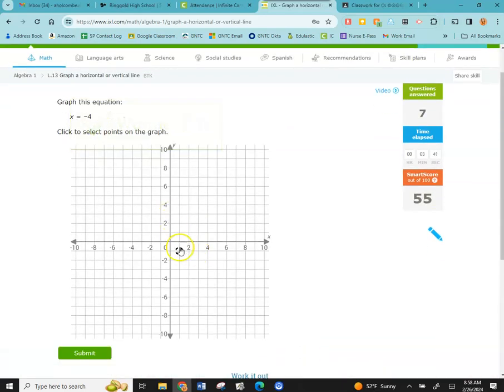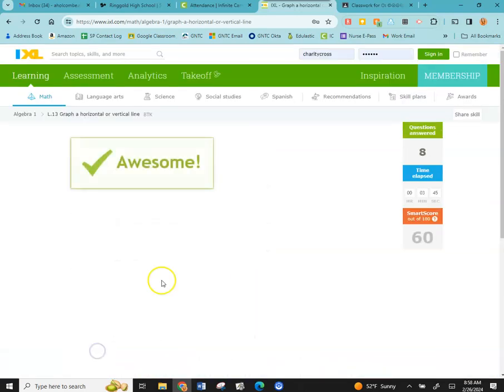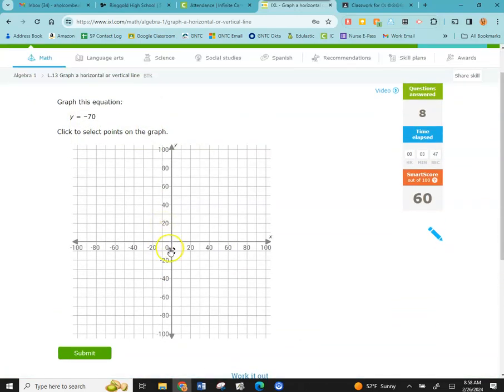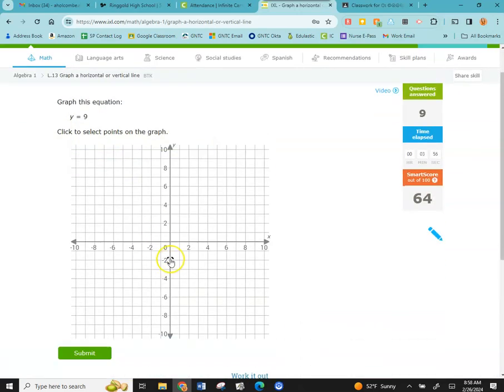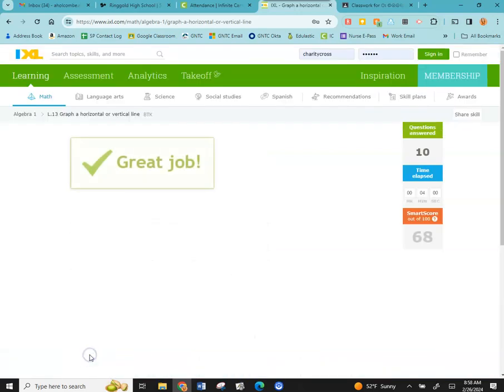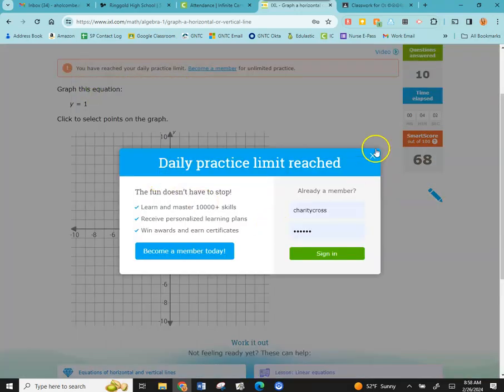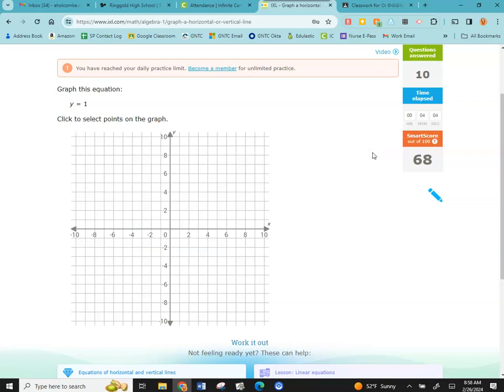Okay. I don't know where I got 14. Yeah, okay. So you should be able to get a SMART score near 68. You might get a few wrong.